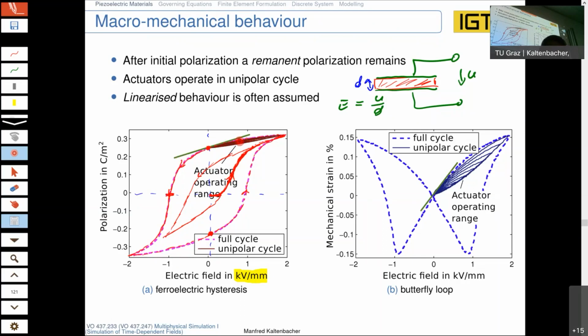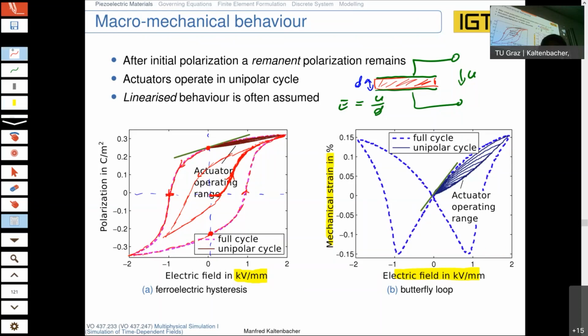What is also of interest is what is shown here. So we have again the electric field, but on this axis we have the mechanical strain. Yeah? And we will see that we can elongate our disk in this sense, as shown here.